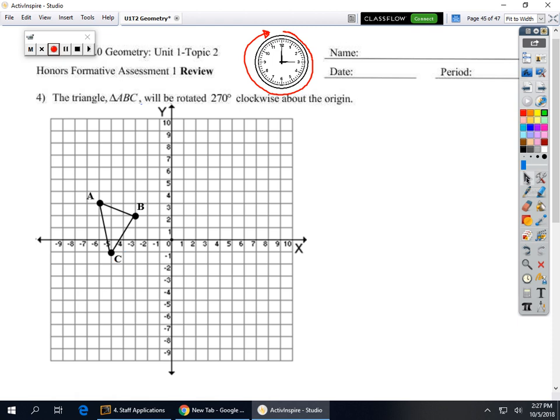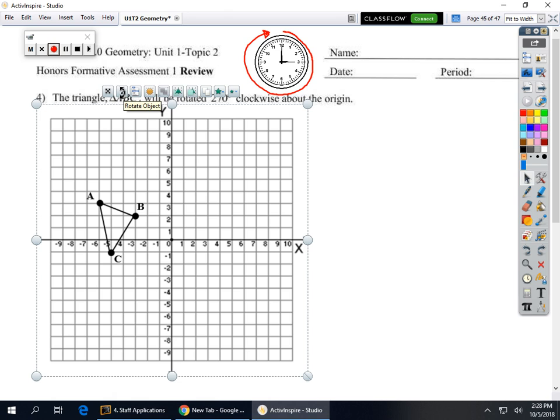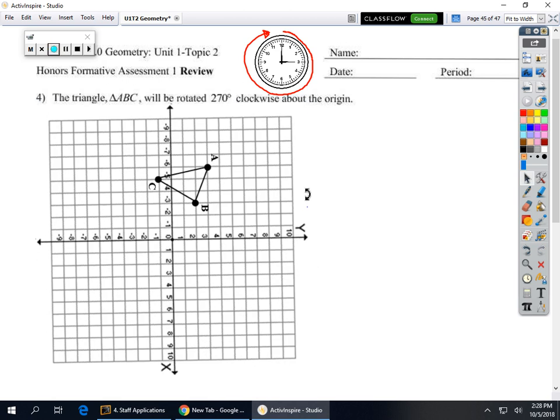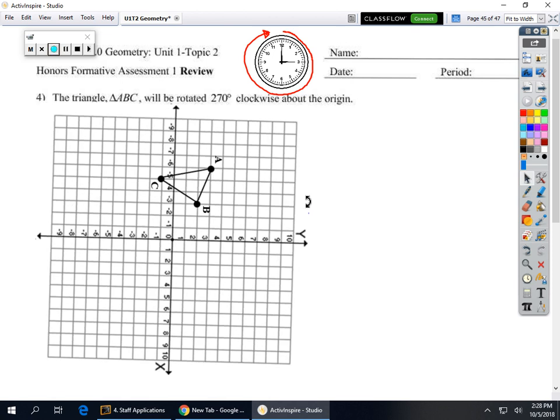So the way I explain this in class is actually rotate the image. If this is the image the way it should be, and we're going to rotate it clockwise, and I actually did some cool technology stuff here. So I'm actually going to rotate it 270 degrees clockwise. Right, so this is 90 degrees right here.